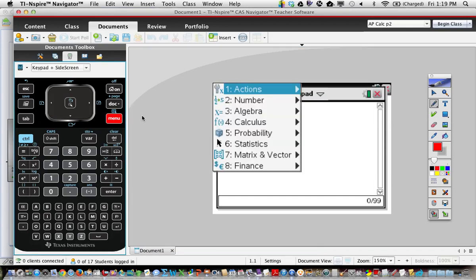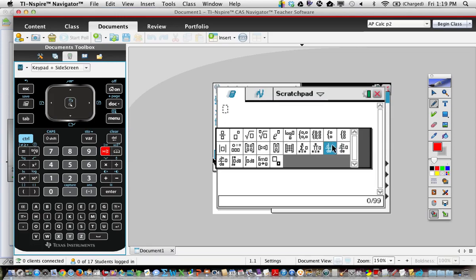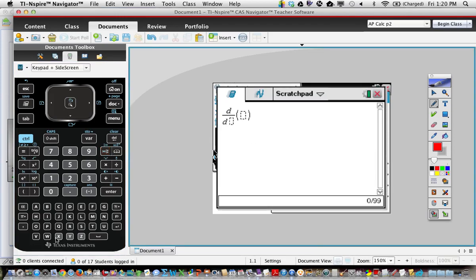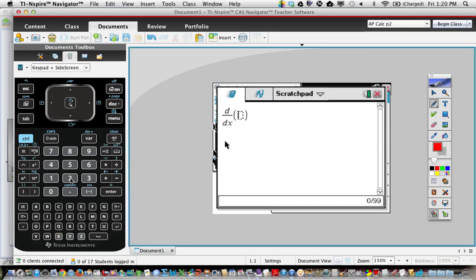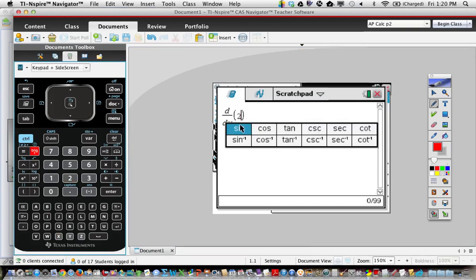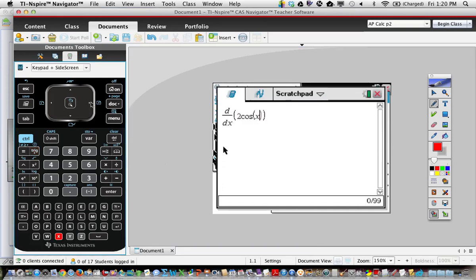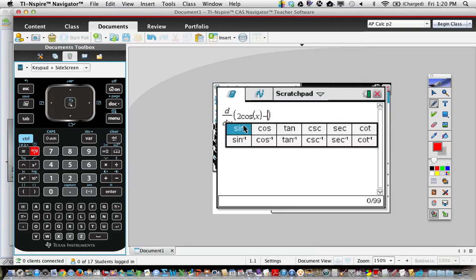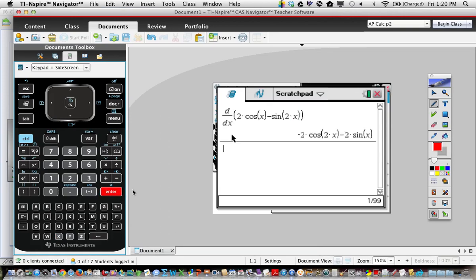So we can do the derivative. You remember where that's at, next to the 9. We can go grab the derivative. We put the x down here. Sometimes it's nice to double check. You got 2 cosine x minus sine 2x, and there's the derivative.